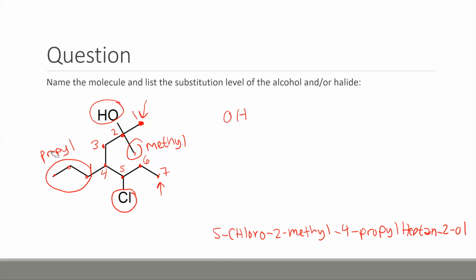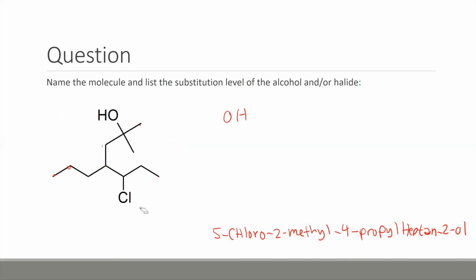We have an OH and a chlorine. Now notice, technically, there are chiral centers here. However, I did not show spatial positioning, so we will not determine its rotation. For example, right here is a chiral center because this carbon has 4 different things attached to it.